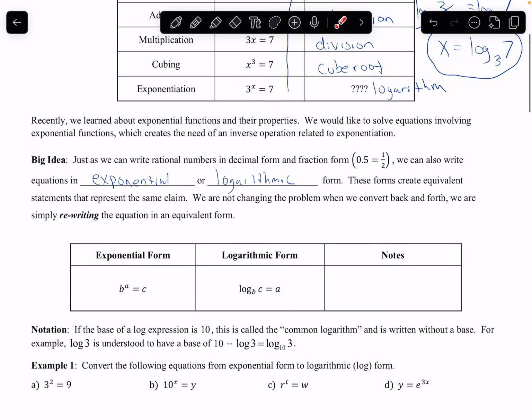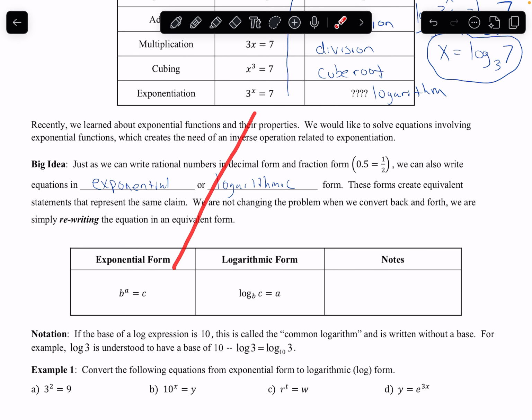But I'm going to appeal to the same logic that I used up here to try to understand what's going on there. So here's how I'm going to think through it. You have b being raised to the a equals c. And you remember up here, I was solving for the exponent.